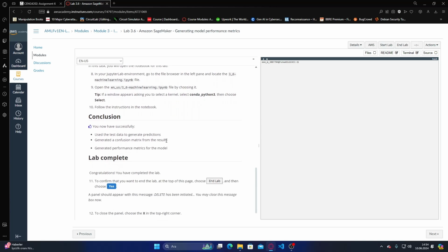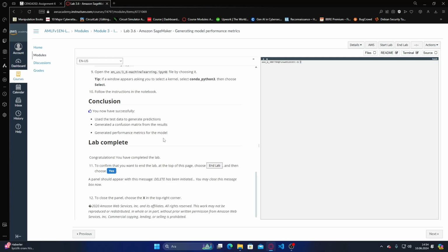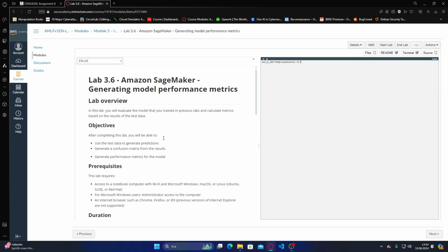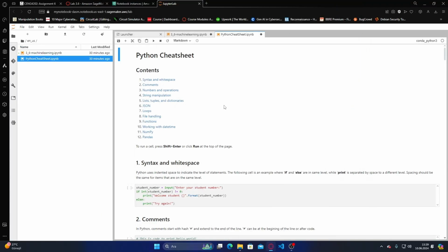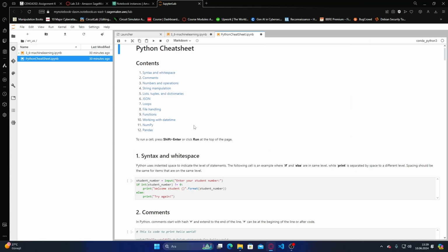Basically we are going to generate model performance metrics, and I'm going to start the lab. After it's created, I'm going to restart the video recording. Okay, the lab 3.6 has been opened.